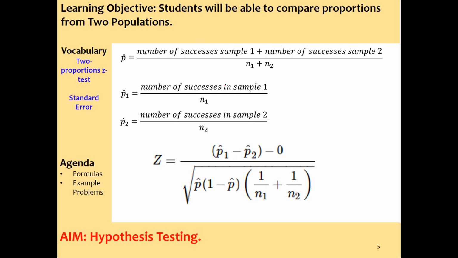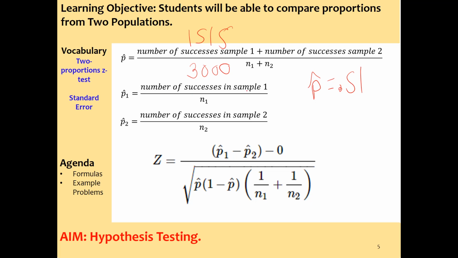If you remember, I was telling you before that the total number of successes was 1,515, and the total number of people they sampled was 3,000. When you put that in your calculator, you get that p hat is equal to 0.51. P1, that was in 2009.